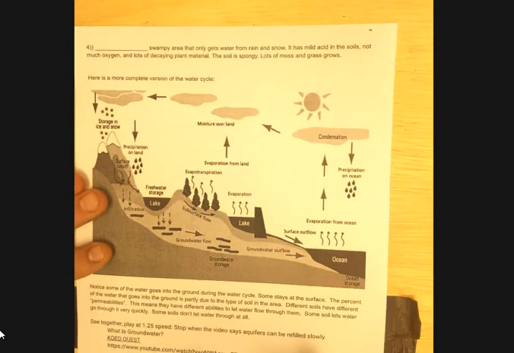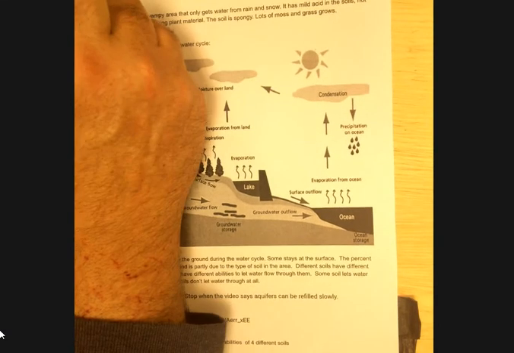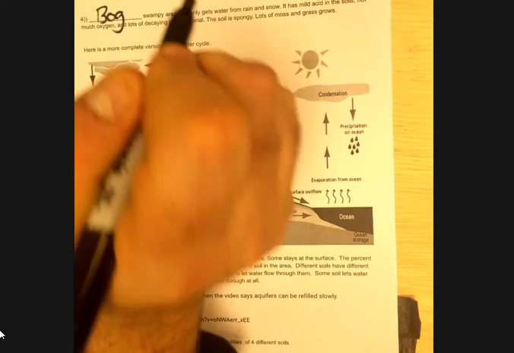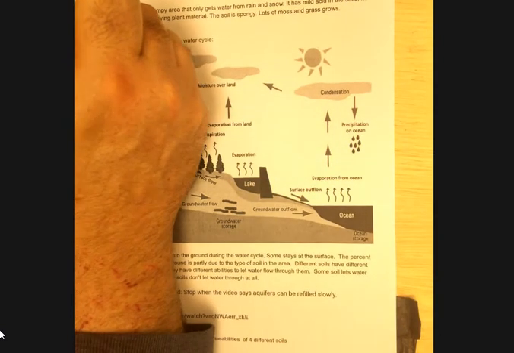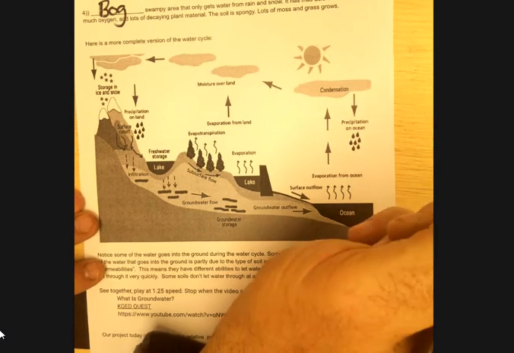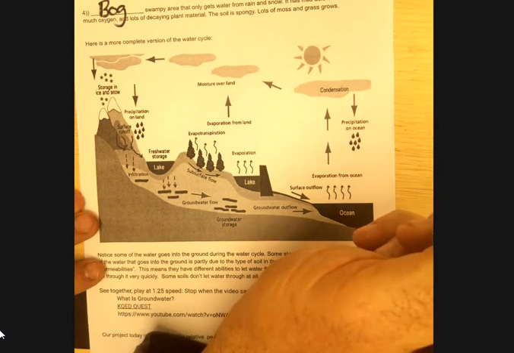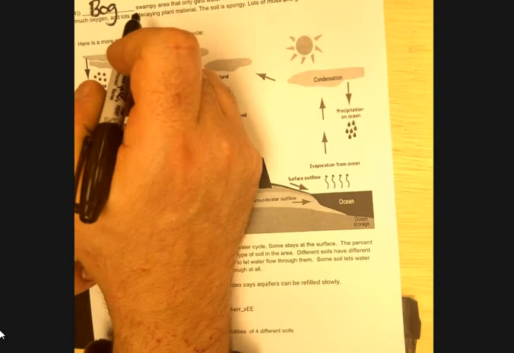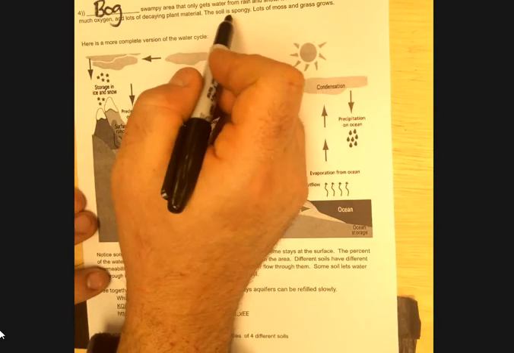Next page. Bog. We have a bog close by to Fox Lake. You may have visited as a middle schooler, called Volo Bog. It is south of town on Highway 12. Okay, that's a swampy area that only gets water from rain and snow.